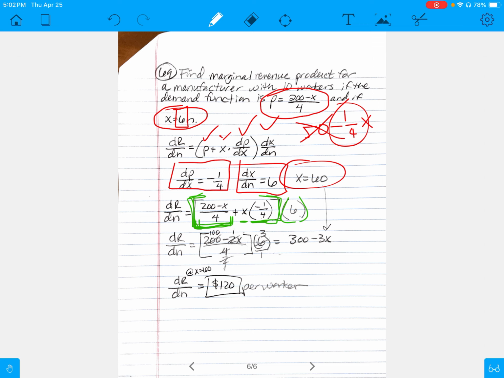And then from there, we're simplifying as much as we can if you want to. You don't actually need to simplify, because we know we're going to be evaluating this for a value of 60 for x. So you could skip the simplifying and just plug the 60 in for x. But I simplified this whole thing down to 300 minus 3x. And then when we plug in the value of 60, we find that dRdn is equal to $120 per worker.